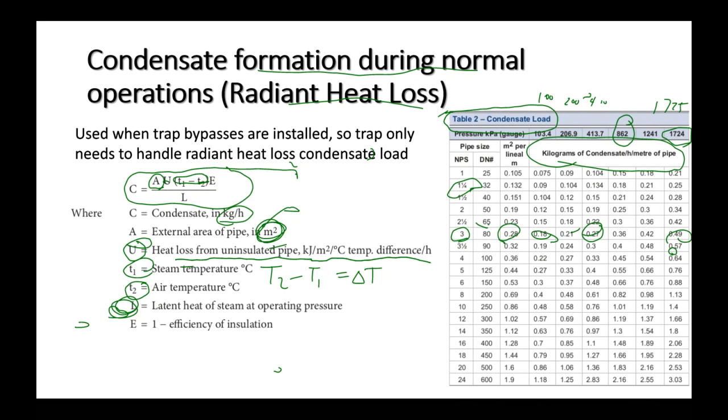Where the heck are you going to get that? I don't have a clue where you're going to find that. No idea. And E is efficiency of the insulation, 1 minus efficiency. Where are you going to find that? I don't know. The question is going to have to give you that information.